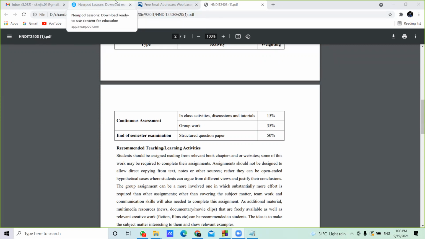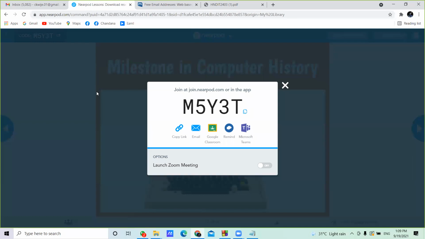Now I am giving this join code here. I type this join code in that field. The join code you can now see in the chat box also. Directly you can copy and paste this one.